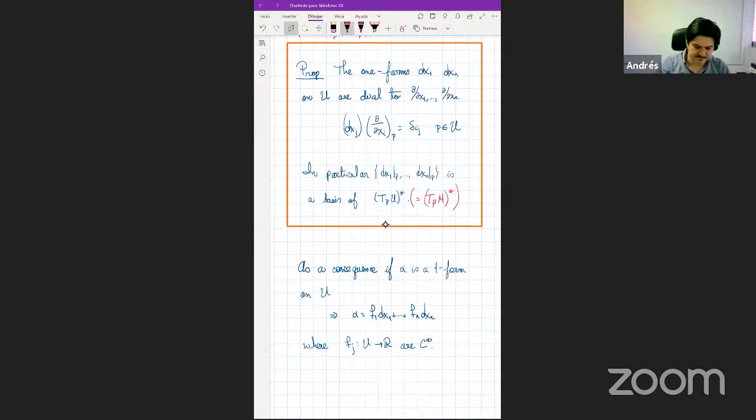So we are doing basically the same when we consider vector fields.